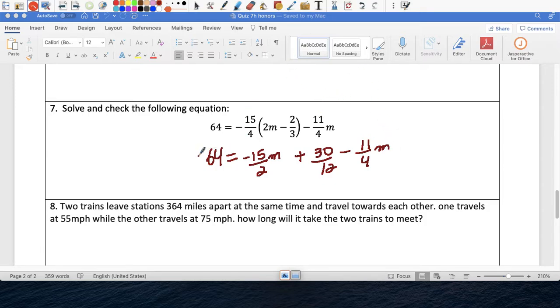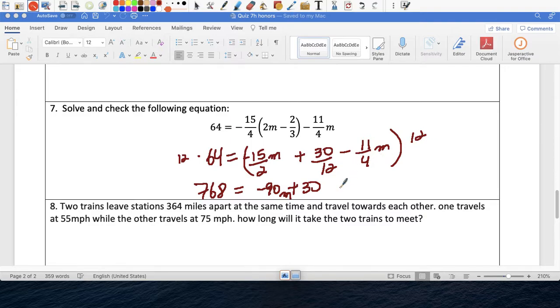Clear everything, multiply everything by 12, and multiply this whole side by 12 as well. 12 times 64 equals 768, so that was okay. And 12 divided by 2 is 6. 6 times 15 is going to be 90, negative 90m, plus 30.